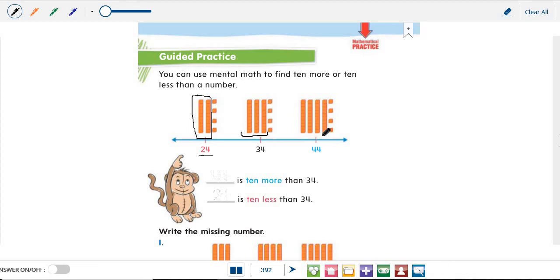The same for the next number, it has the same number of ones and 1 more rod. Interesting. So it's 44. So 44 is 10 more than 34 and 24 is 10 less than 34.